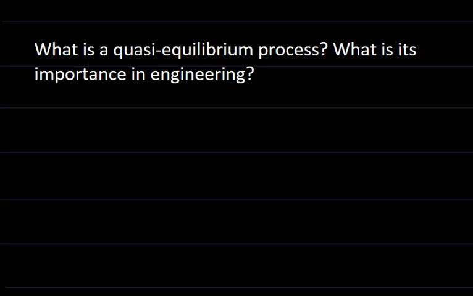All right, so let's look at this phenomenon, quasi-equilibrium process. You know that thermodynamic equilibrium is a state of stability, a state of balance in which there is no change occurring. The system is not undergoing change. When a system is in thermodynamic equilibrium, it simply means a particular property is the same throughout.